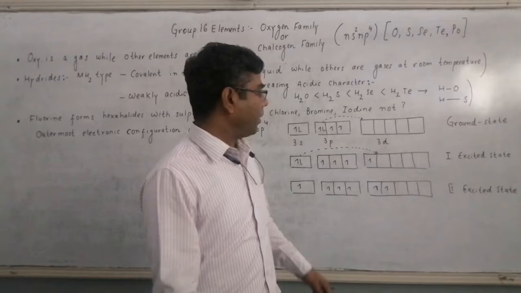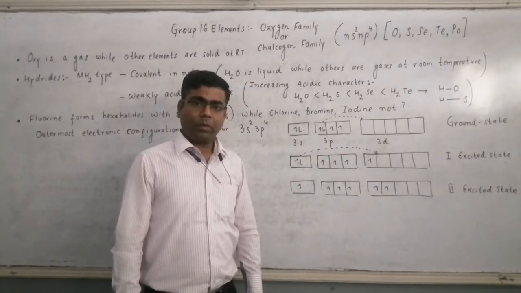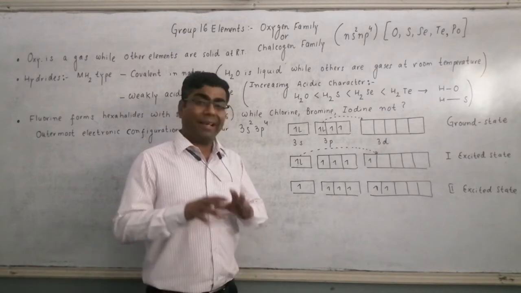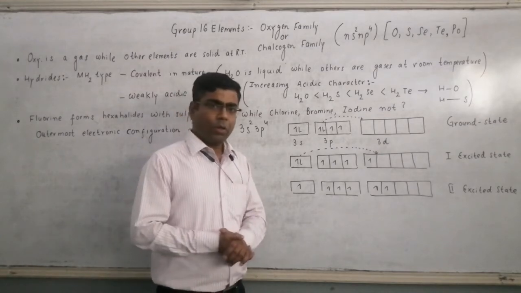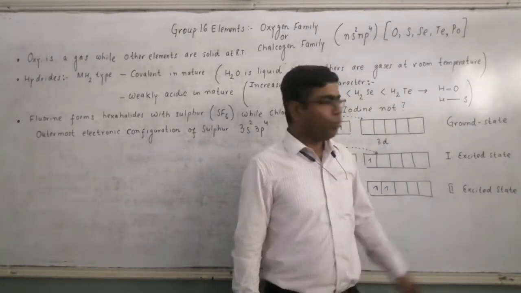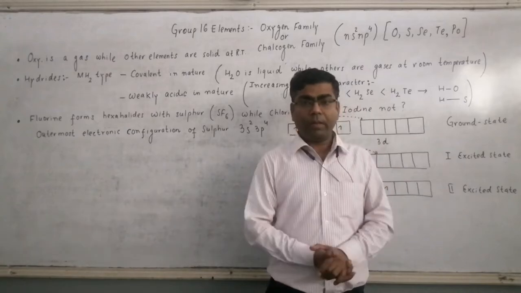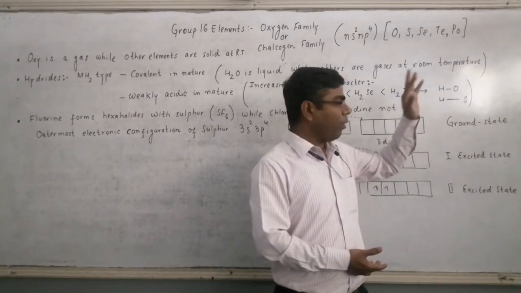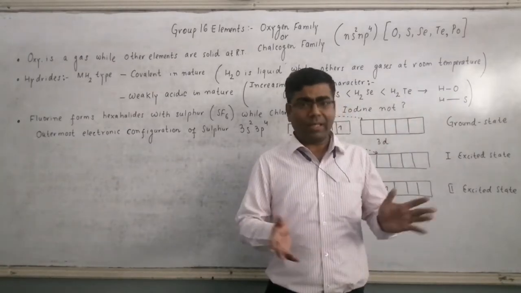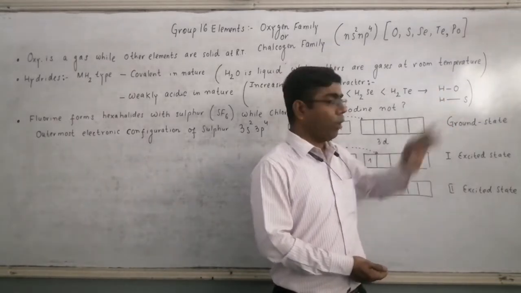Now let us compare. Oxygen is the first member of the group, so it has the least atomic size. So here is a bond between H and O. Bond length is less, so bond strength will be more. Release of H in the form of H plus ion is not easy because the bond strength is high. It is difficult to cleave a strong bond.